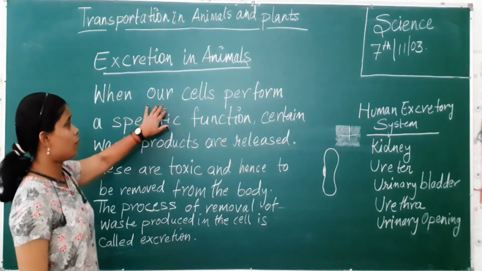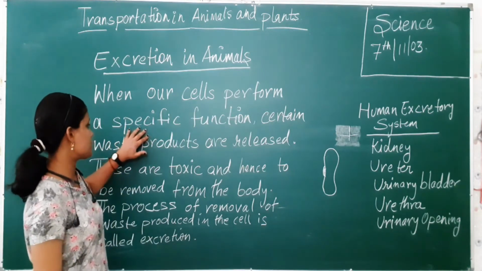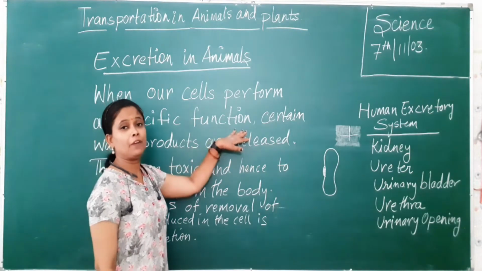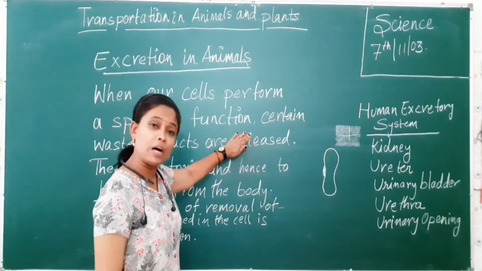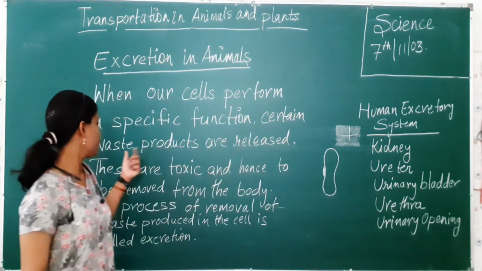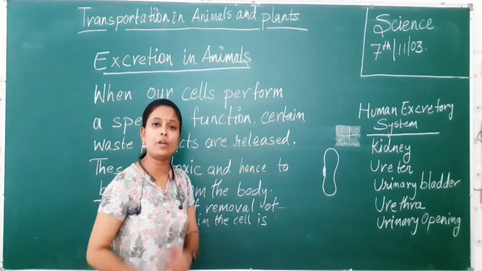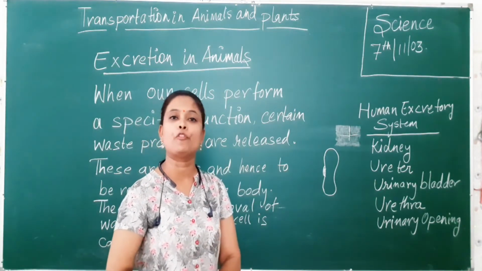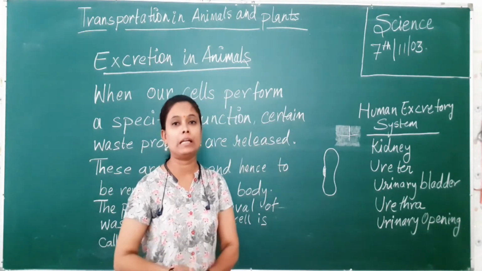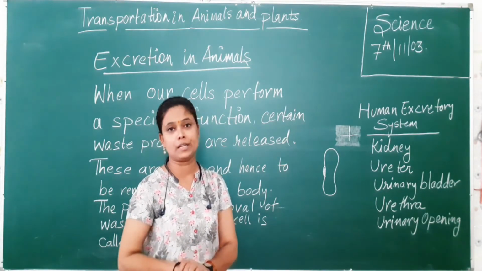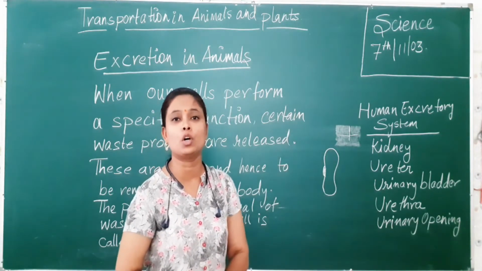Now, when our cells perform a specific function, every cell performing its own function, certain waste products are released. Every cell of our body performs its own function, and in every working of our cells, a certain amount of waste products is also produced.